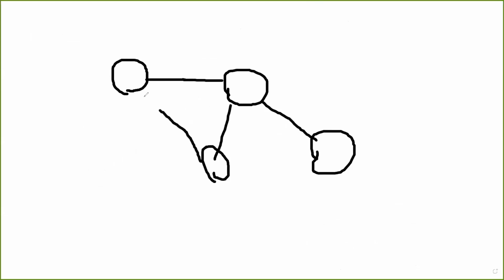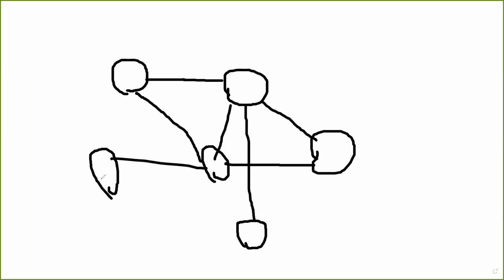So we have city 1 connected to city 2, and here another city, and here another city. It's not a tree, so there could be something like this. These cities are obviously connected. Why? Because you can reach any city from any other city.